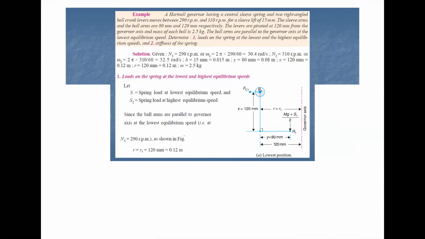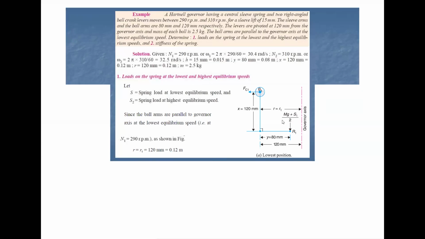Right angle type means the angle between the horizontal arm and the vertical arm is 90 degrees.